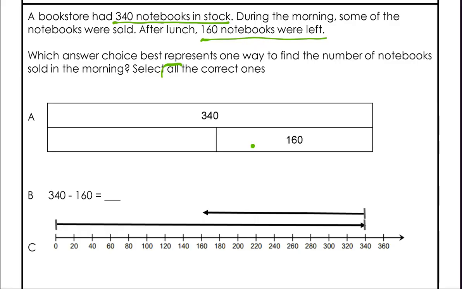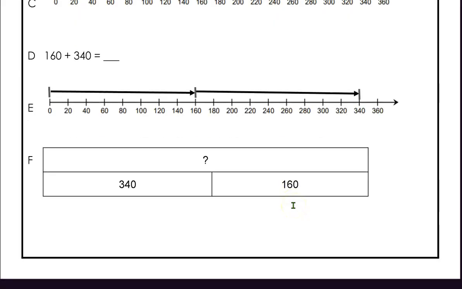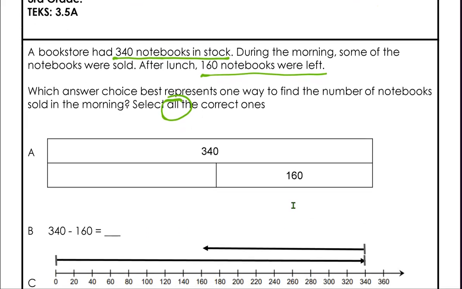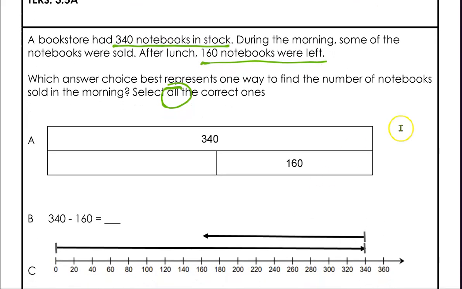Select all the correct ones. So that means there could be more than one, or there probably is more than one. Okay. So 340 notebooks is what they started with. That's what they have. So 340 is their total.